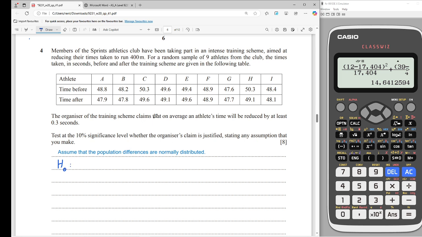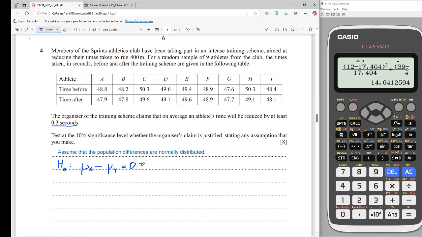So our null hypothesis would mean that there is no difference. Oh no, there is a difference of 0.3. He says that there will be a difference of 0.3, which means that mean x minus mean y will be equal to 0.3.